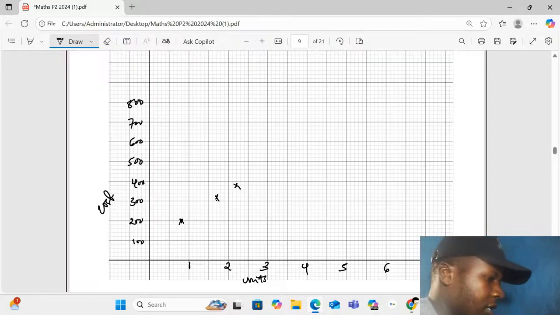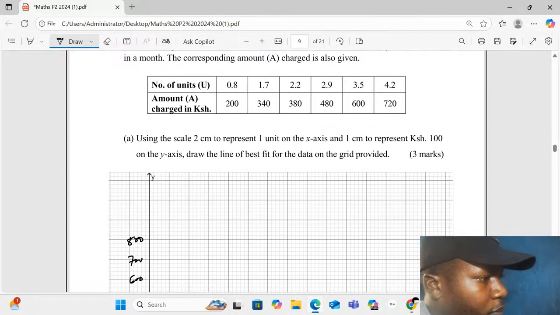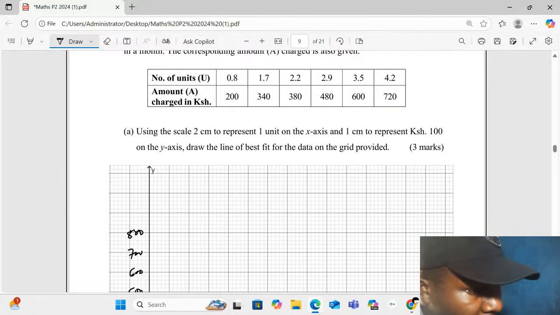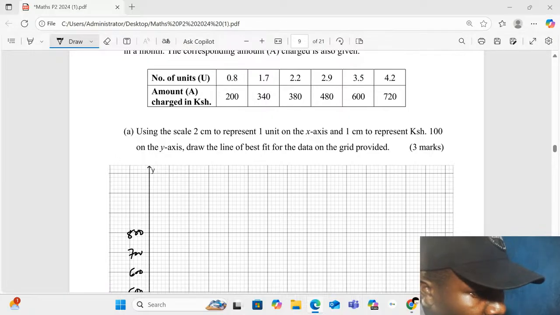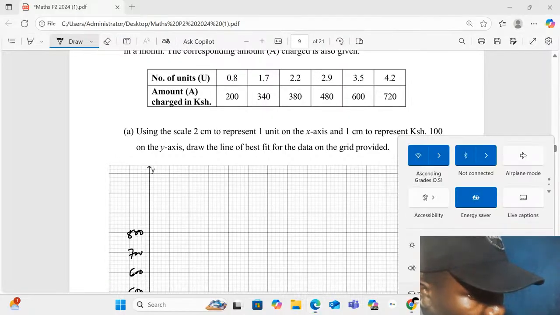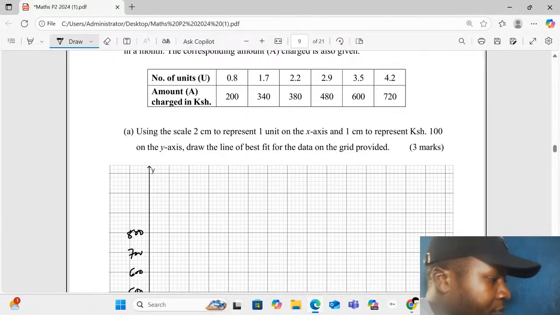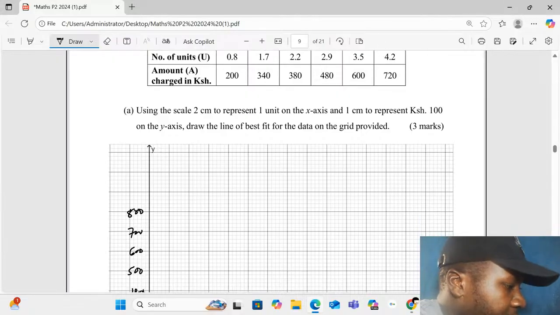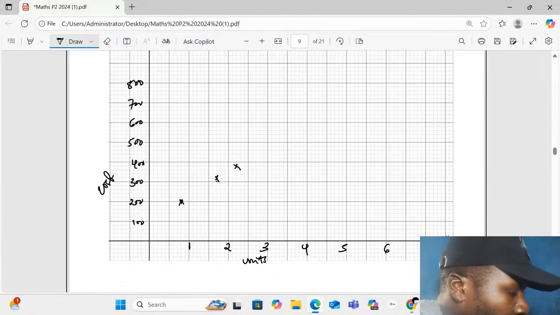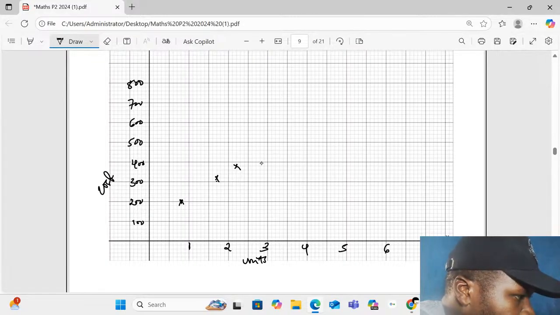Then we have 2.9, 480. 2.9 is somewhere here, and 480 somewhere here.